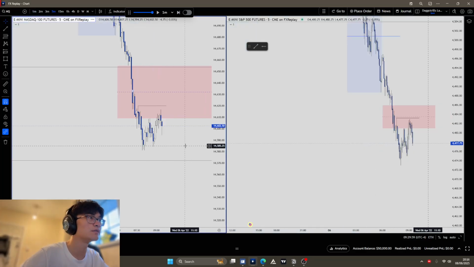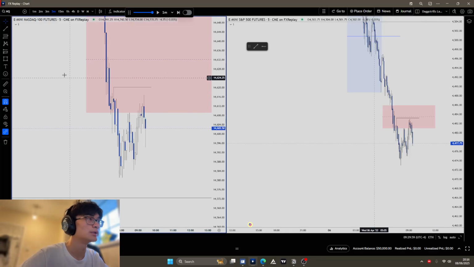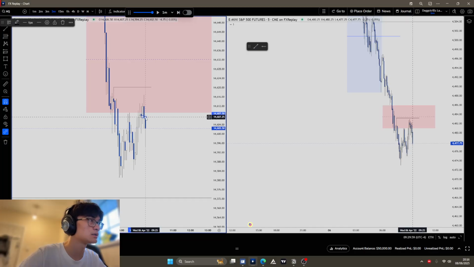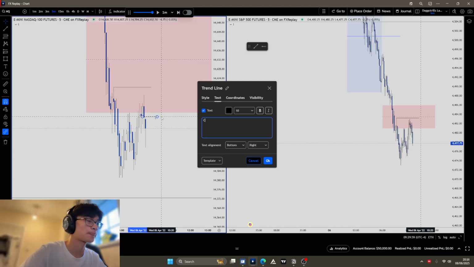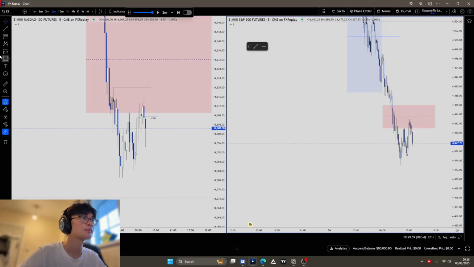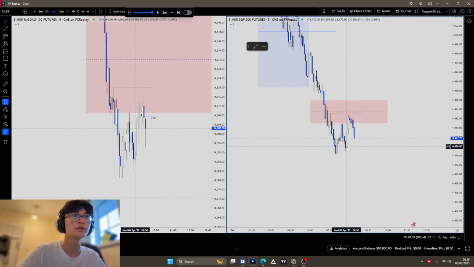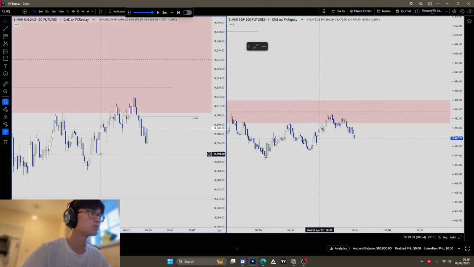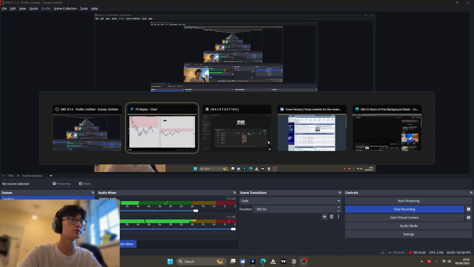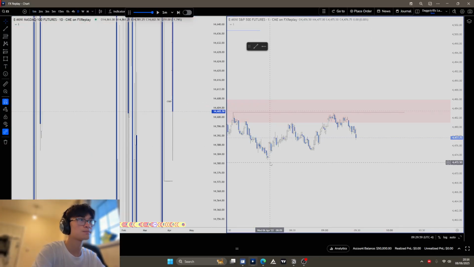Go to 5. We get this change, but not that clean. We have bearish order flow on the 5, so we do have a means to short, but we'll have to see. Okay, let's journal this.